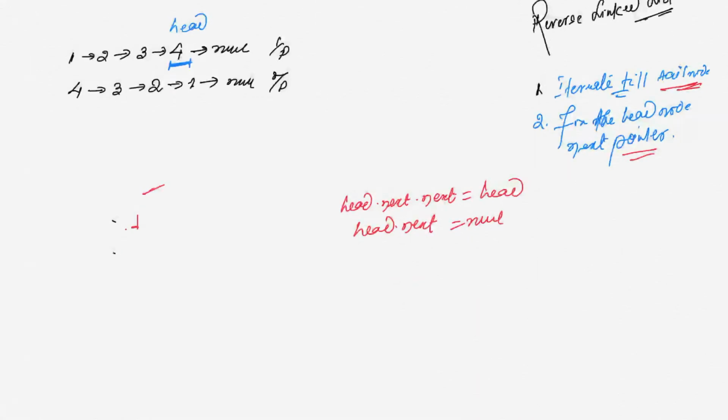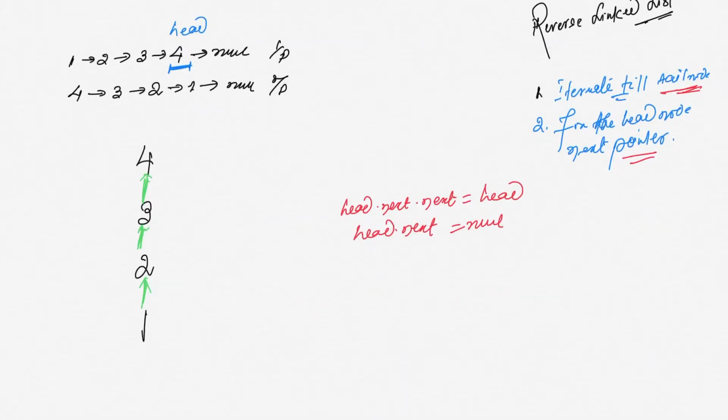Let me make this diagram once again. You have 1, 2, 3, 4. 1 is pointing to 2, 2 is pointing to 3, 3 is pointing to 4. As soon as we reach the tail node, the tail node becomes the head, and we return this head.